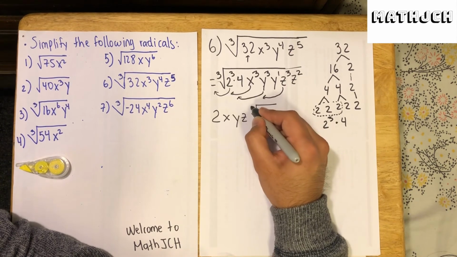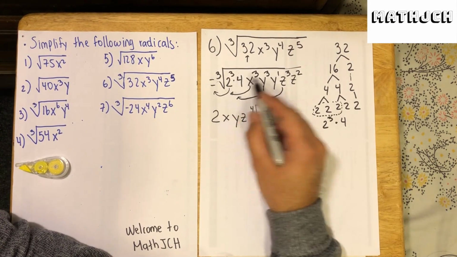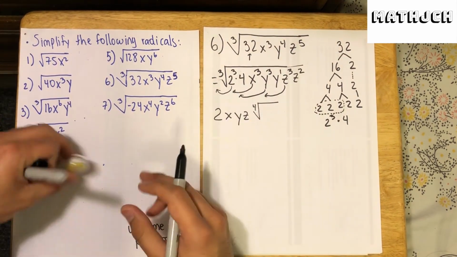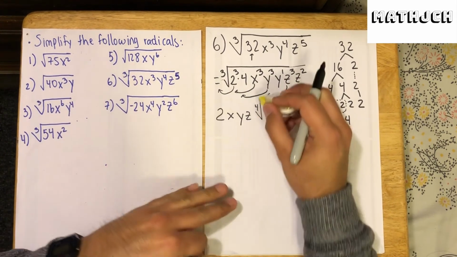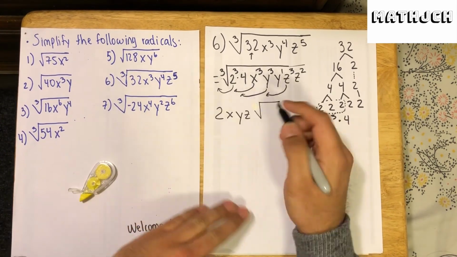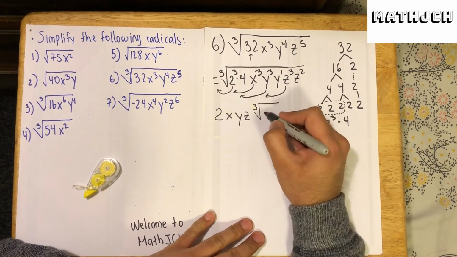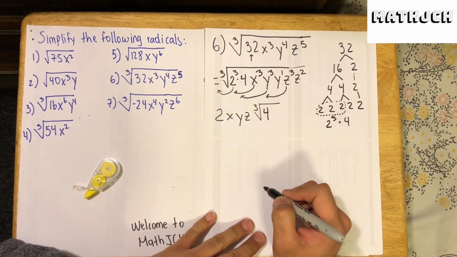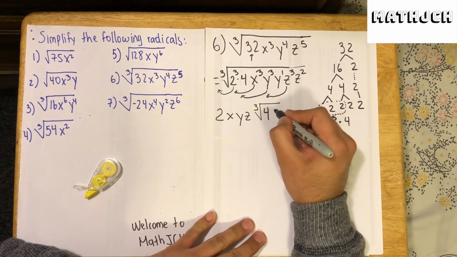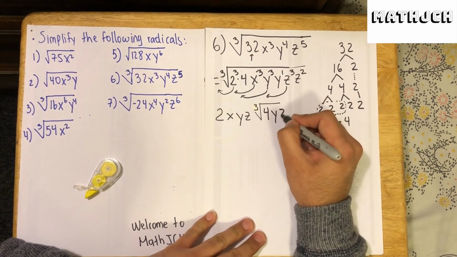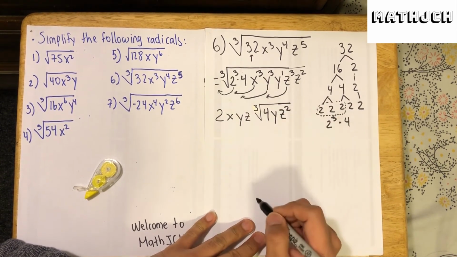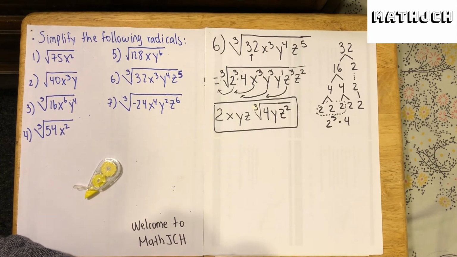And inside, I'm going to be left with... no, this is not index 4, it's index 3. And inside, I'm left with 4, y, and z squared. And that's going to be our final solution.